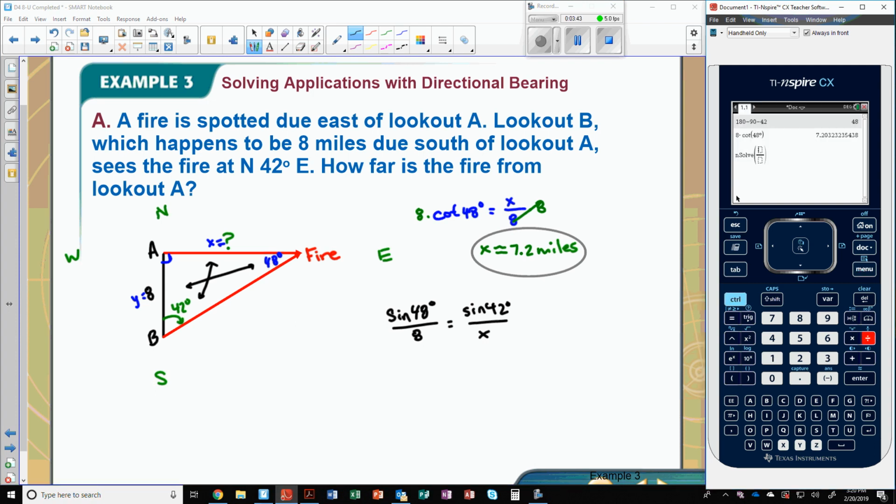I have that fraction of sine of 48 degrees over 8, and that's going to equal sine of 42 degrees, and that's going to be over x. We'll do comma x on the outside, like that. Hit enter. Notice I get the exact same answer, so we did do this correctly.